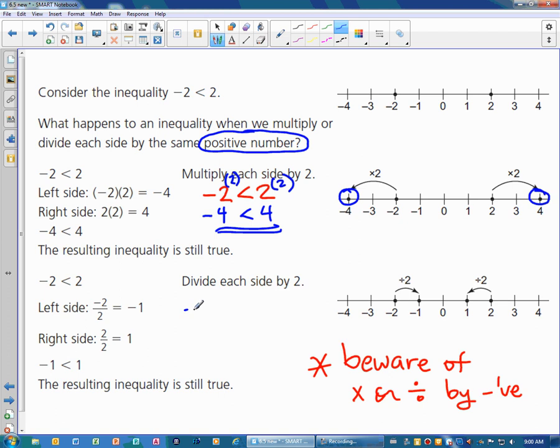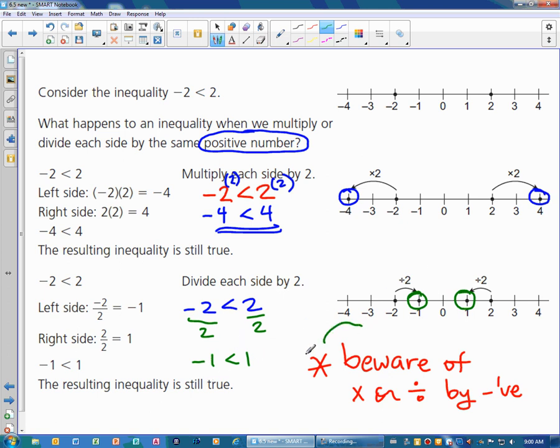So if we have negative 2 less than 2, and we divide both sides by 2, we will have negative 1 is less than 1, which is still true, right? Negative 1 is still on the left of 1, so when we divide by the same number, our inequality will still be true.